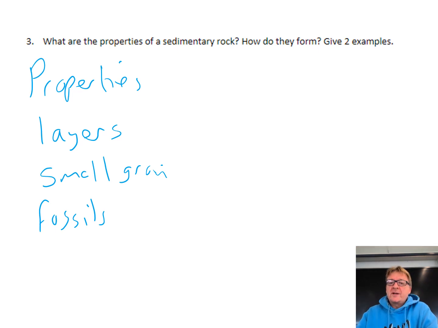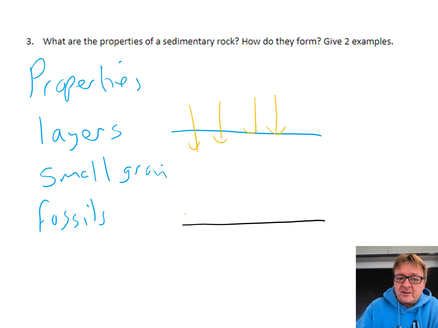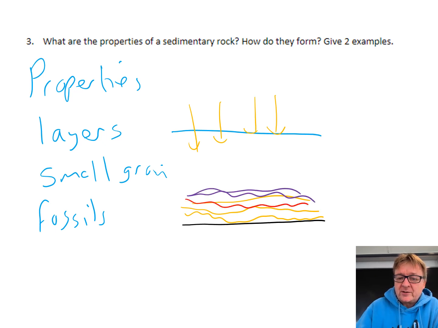Right, now the way that they actually form is, let's say there's one that's forming underneath the sea. So that's the top of the sea, that's the bottom of the sea. And what happens is loads of particles just fall in and they sink to the bottom of the sea. Then more particles, then some more particles, and so on, you get the picture.